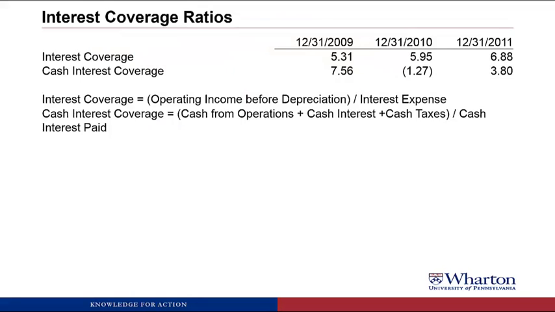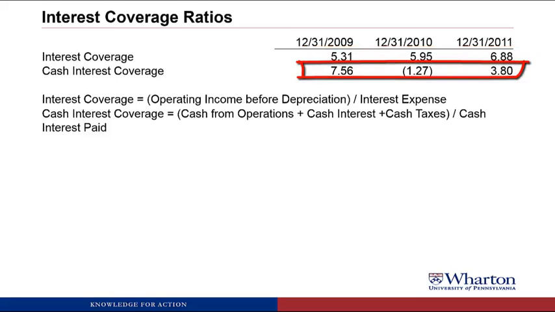Okay, so let me go through the interest coverage ratios. The interest coverage ratio looks really strong. There's an upward trend, and now it's 6.9, which means that Plainview's operating income before depreciation is almost 7 times as much as its interest expense. When we look at the cash interest coverage, it also looks strong, except for that one year where there was negative cash from operations.